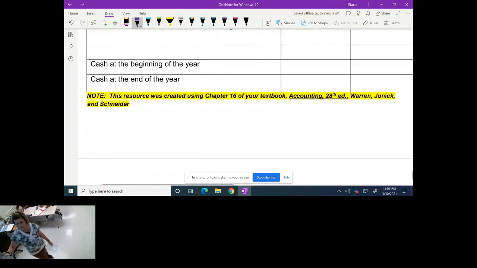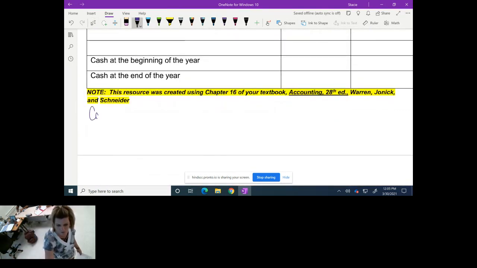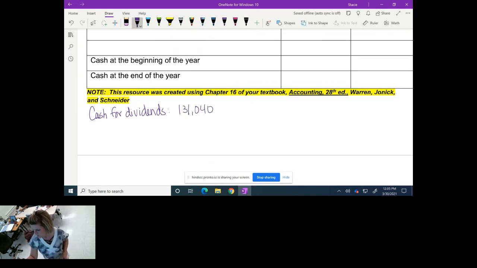All right, so cash used for dividends. Our beginning balance, or what was the dividends declared? 131,040 dividends declared. Okay, so did my payable decrease or increase?